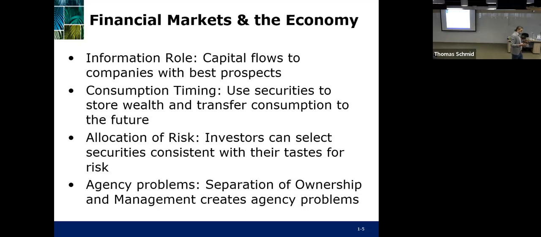The financial market now extends the set of potential borrowers to a nearly infinite amount, because it matches all borrowers and all lenders in a market. It matches supply and demand. Okay? So that's the information role. Without financial markets, we have a limited set of potential users of our money, and they are most likely not the best ones.